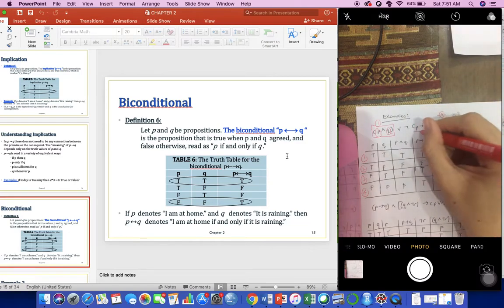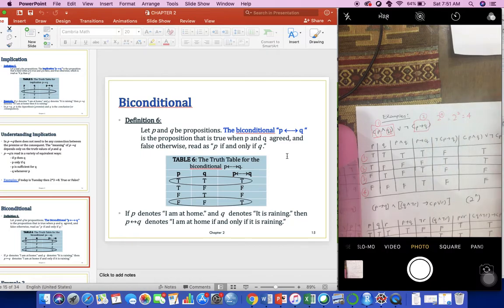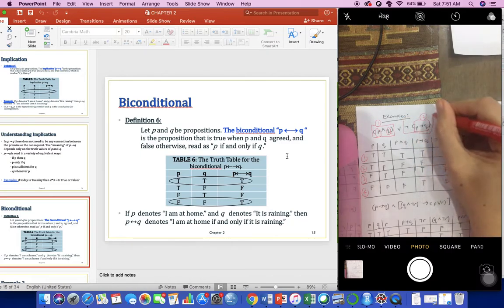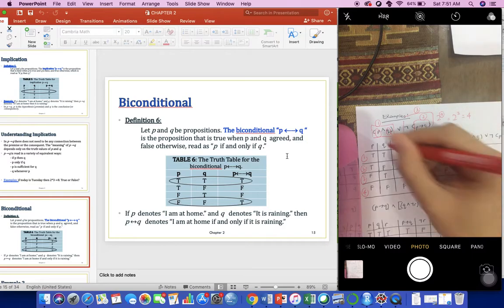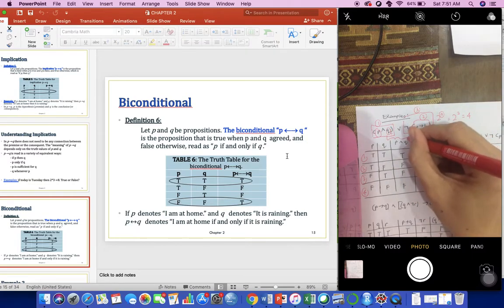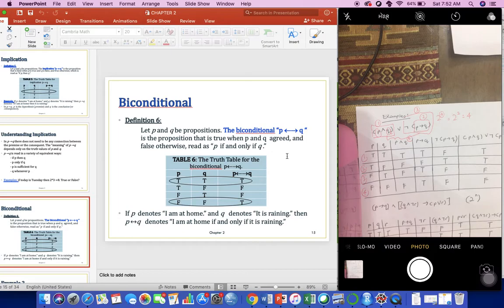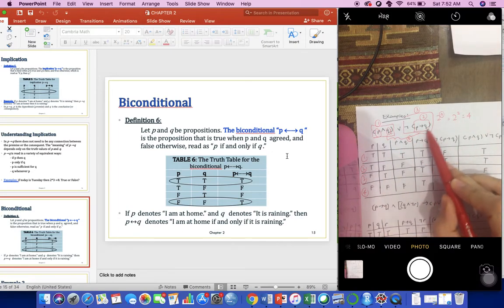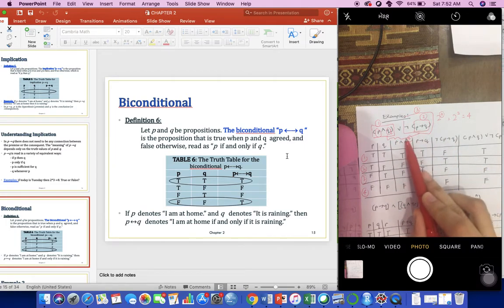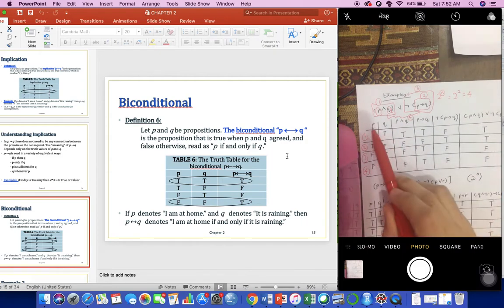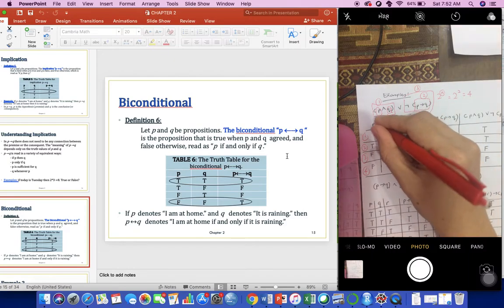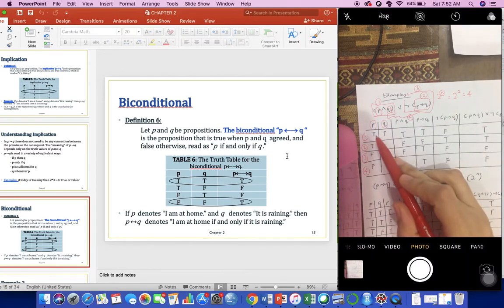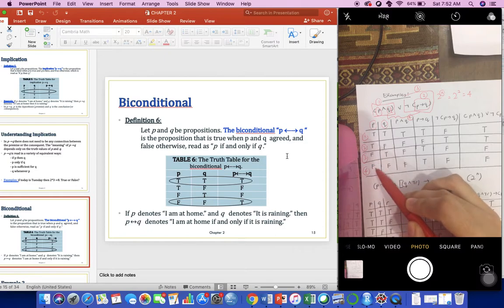And then second, third, the last one, fourth. First, second, third, the last one is fourth. So the first one is P, you put P here, then Q. So P here is true, true, false, false.